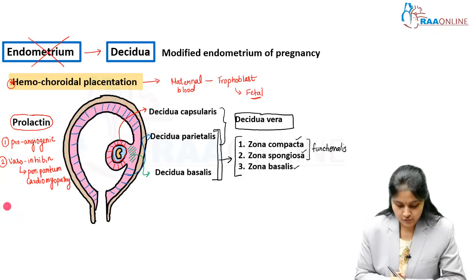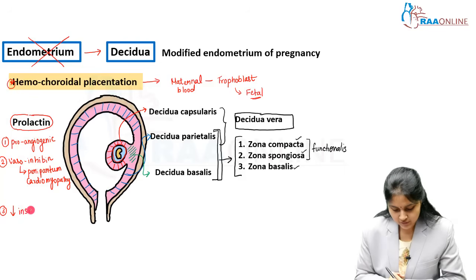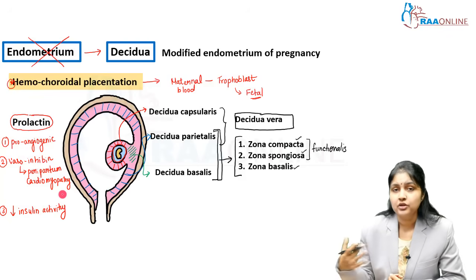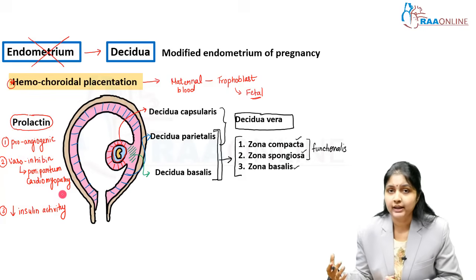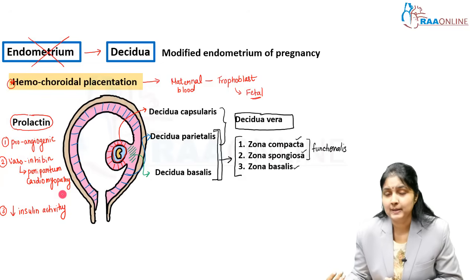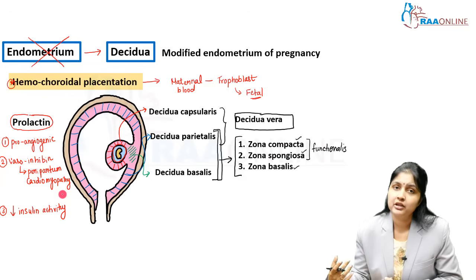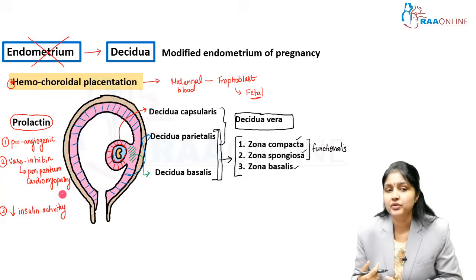Third function of this decidual prolactin is that it decreases the insulin activity in the mother. So it leads to insulin resistance. In our physiology video, we saw that insulin resistance is a very important physiological process that occurs during pregnancy, which helps the fetus to get a sustained glucose supply.